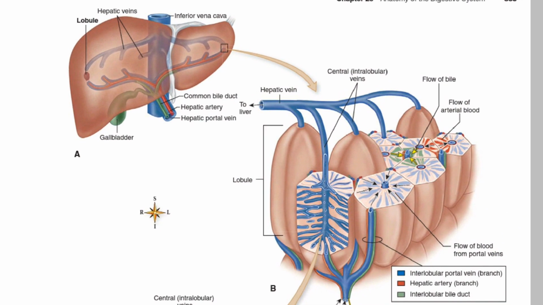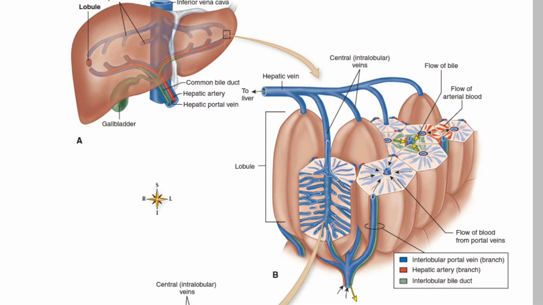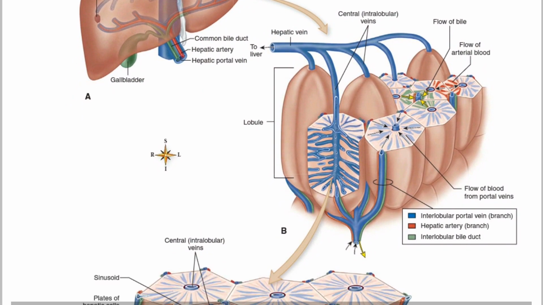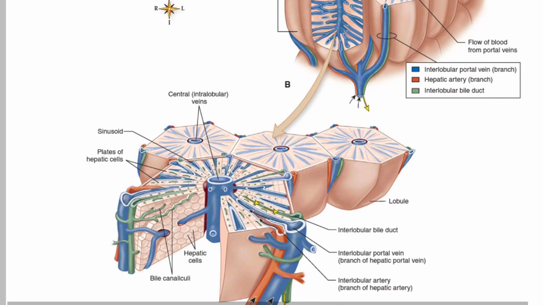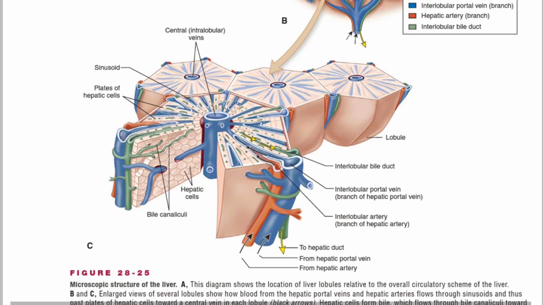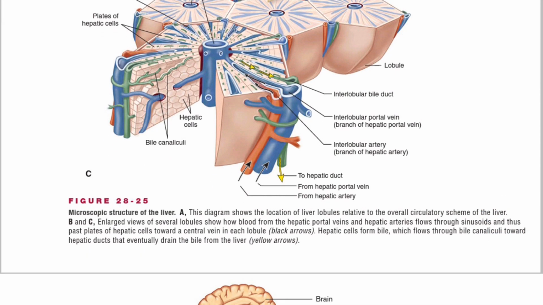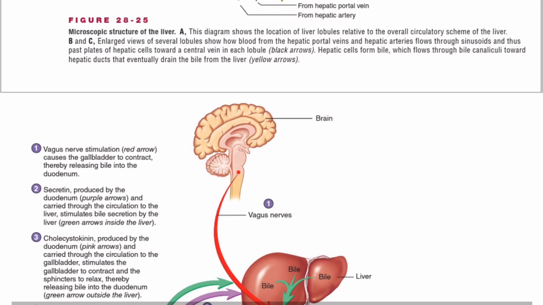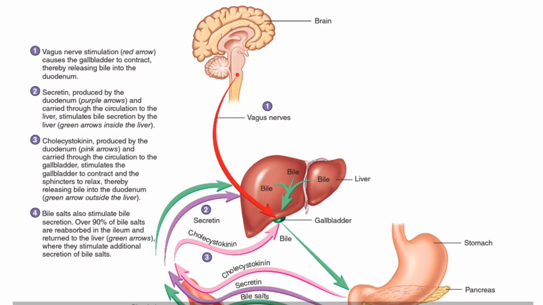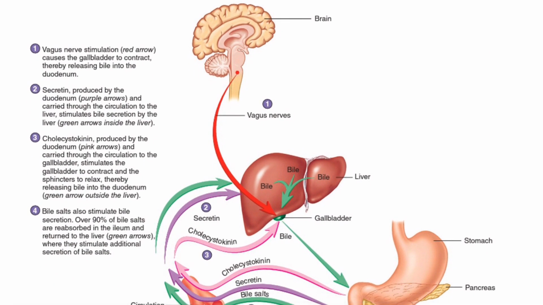This is the liver. In this figure, the anatomy and the histology are covered. You go through all the names. Then this figure, role of hormones, cholecystokinin, secretin.